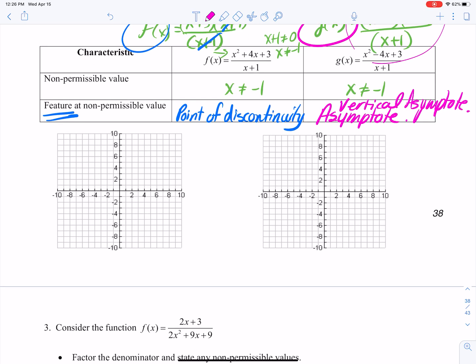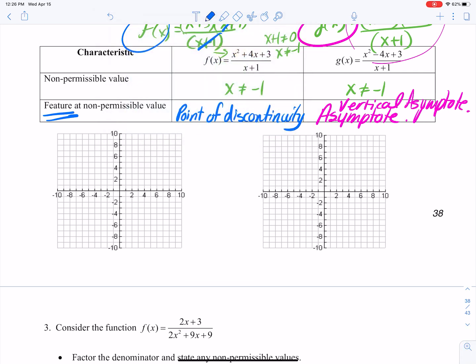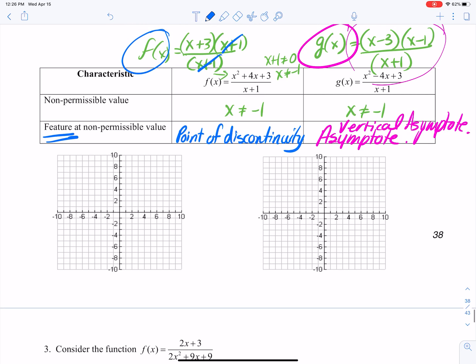So I'm going to let you go ahead and graph those two. First, let me help you find the point of discontinuity. So my simplified function here is f at x is equal to x plus 3. So if I write that as an equation, I get it that way.